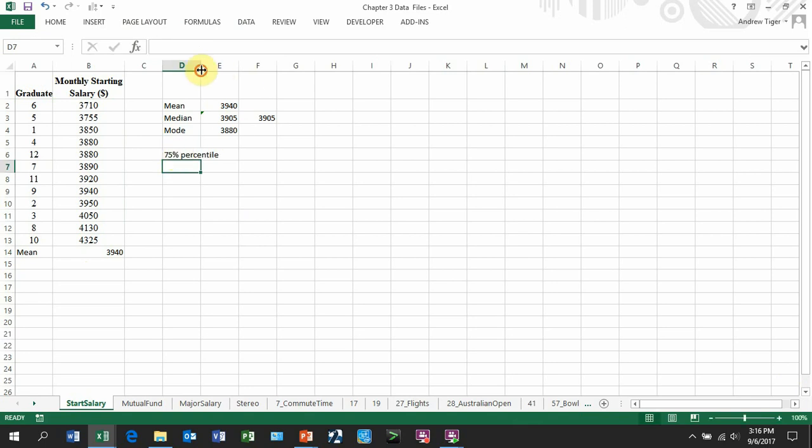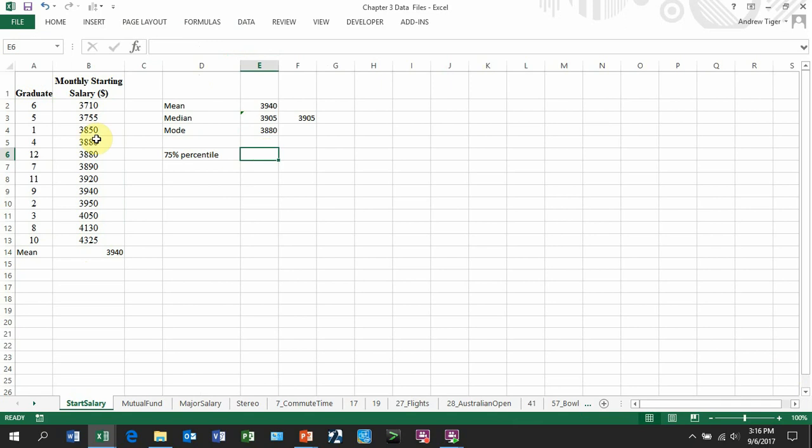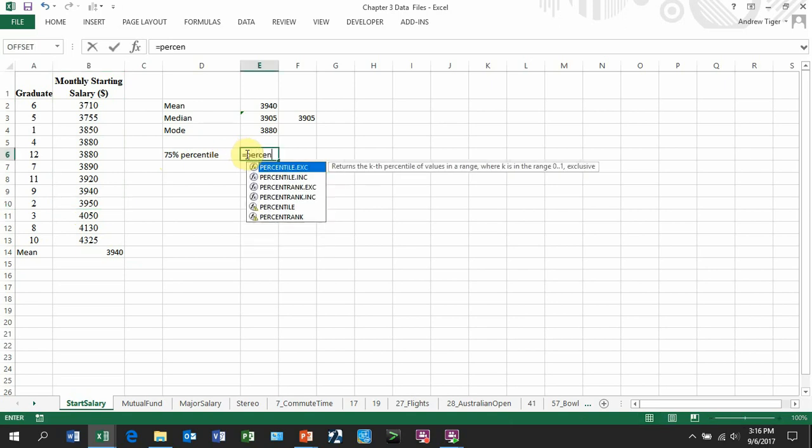What a percentile is, if I have data that's ordered, what value is such that 75% or more of the items are at that value or less. There's a couple of forms. You can use the dot EXC if you want it exclusive.